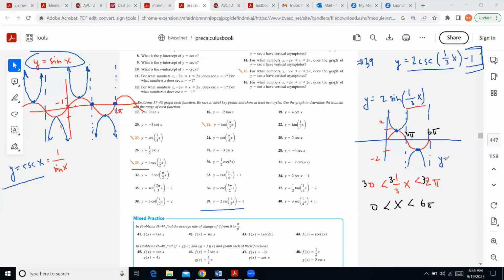So this will be the graph of 2 times cosecant of that argument, 1/3 x, whatever it is. So now I need to do that -1 procedure. Subtract 1 to get the actual graph. So this whole picture should go down 1 unit. The whole picture. So let me make it separately. It's already messed up pretty well, this whole thing. So I'm going to prepare, the asymptotes are here.